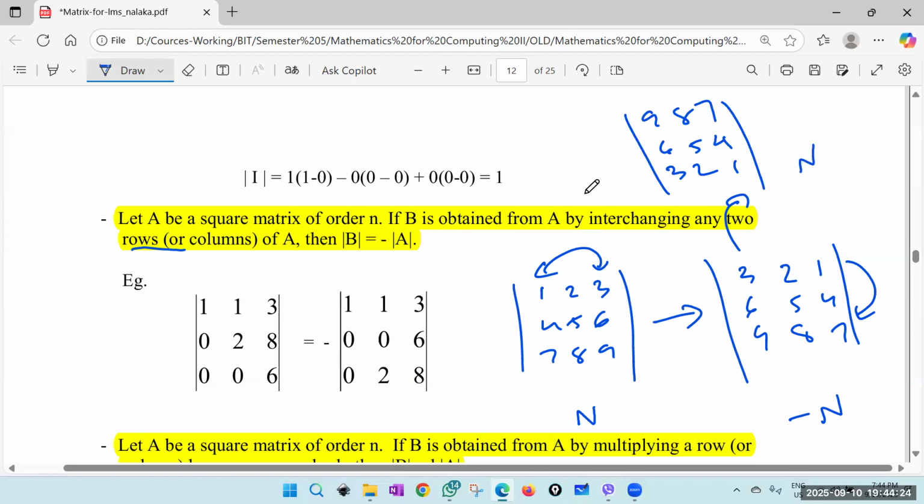So now you can see that these two have the same determinant because we obtained one by interchanging two columns, and from that one to this one, we interchanged two rows. Of course, these two matrices are quite different. By looking at this, you don't know what the determinant is, because 9, 8, 7 is reversed now. But anyway, these two have the same determinant because this is the negative, and the negative of that is again n.